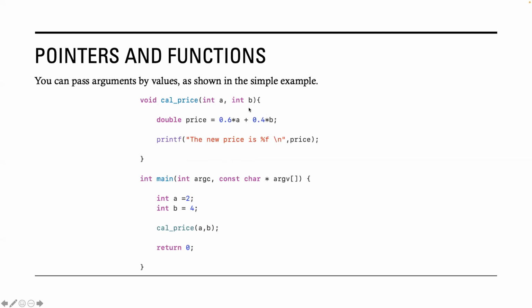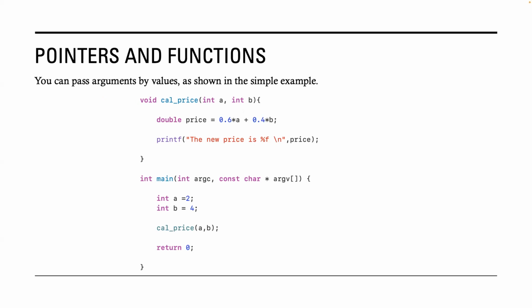So next thing is passing pointers as arguments. In this example, you can see how we pass variable values normally. Here we have a cal underscore price function, and we are passing a and b values to this function.